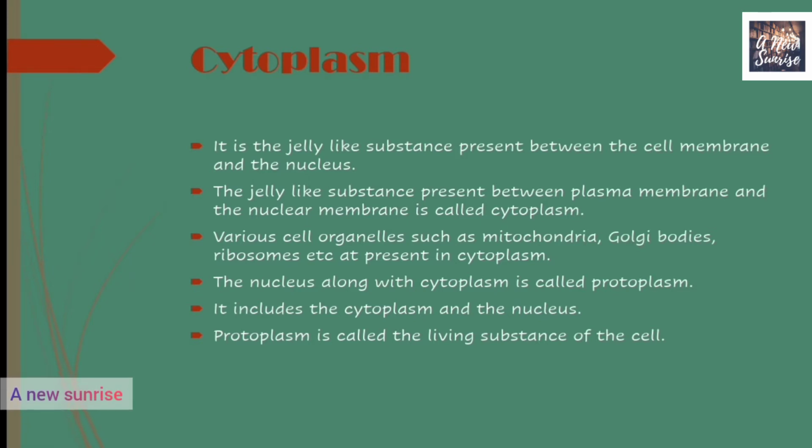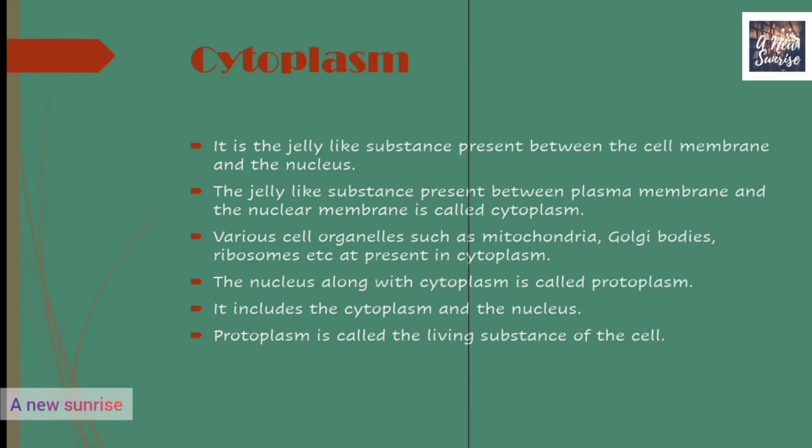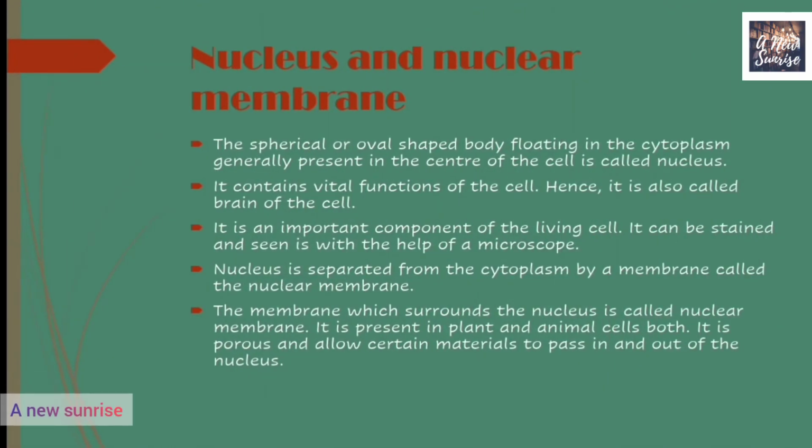Now, let us proceed to the next topic. We have learned about many topics right now, like cell wall, cell membrane, then difference between cell wall and cell membrane, cytoplasm. Now let us go towards some more components of a cell, that is nucleus and nuclear membrane. Nucleus is also called the brain of the cell.